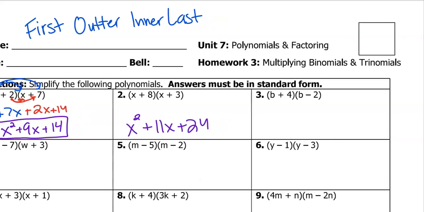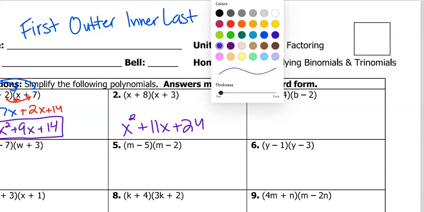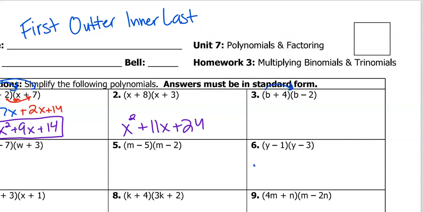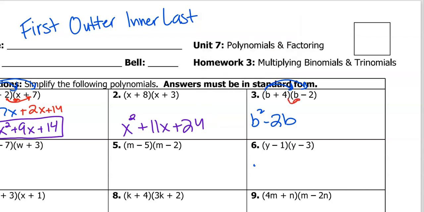All right, let's do number 3. What is different about number 3 versus 1 and 2? Yeah, we got adding and subtracting going on. It does not change the order in which we do things. So, first, b times b is b squared. All right, b times negative 2 is negative 2b. Now we have 4 times b, which is a positive 4b.